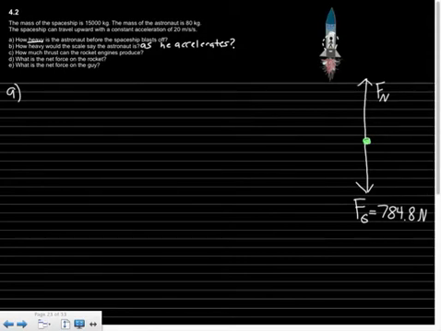So we have some force minus some other force, and it's going to equal an unbalanced net force. So what's the net force equation going to look like? F net equals the normal force, which is the force of the scale pushing up on him, minus the force of gravity pulling down on him.